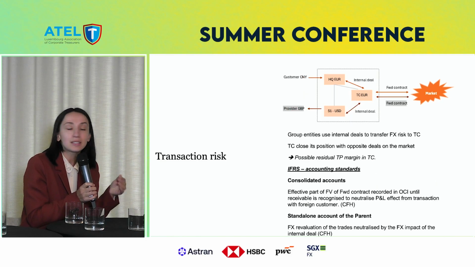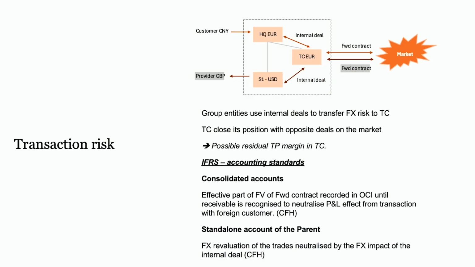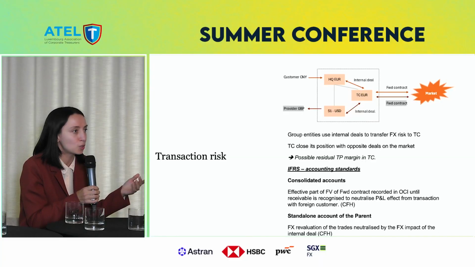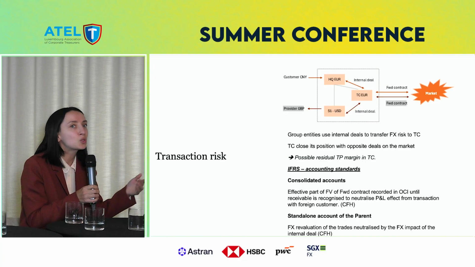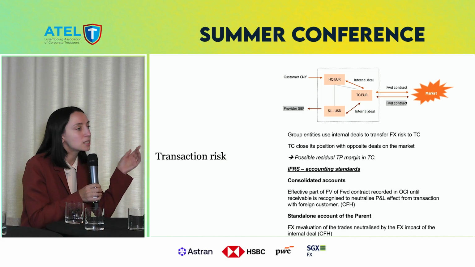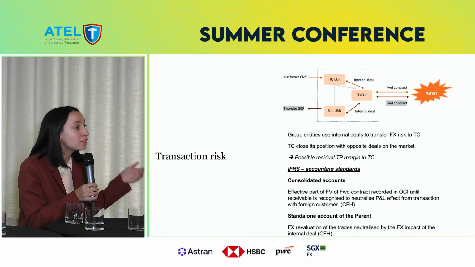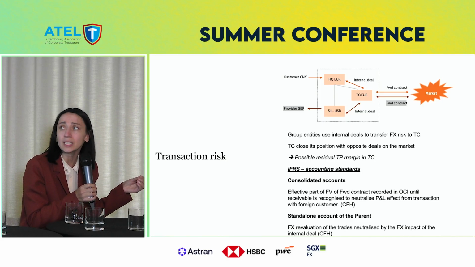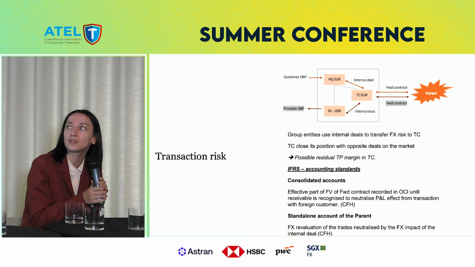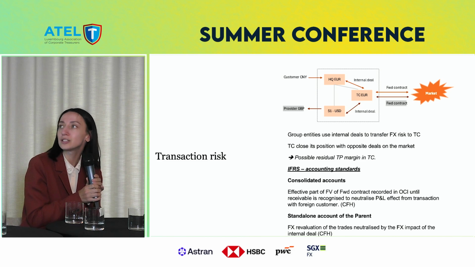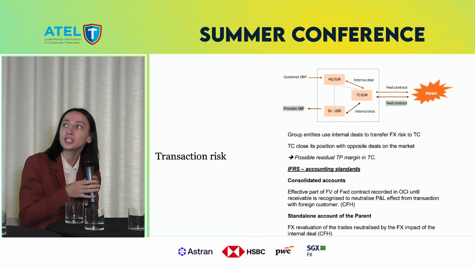Opposite to this, transaction risk is also way more interesting, because we are impacting our profit and loss with all these instruments like forwards and swaps. We are having them at fair value, right? Here is an example of quite an advanced treasury situation where we have a headquarter, a subsidiary, and a specific entity which would be our treasury center.